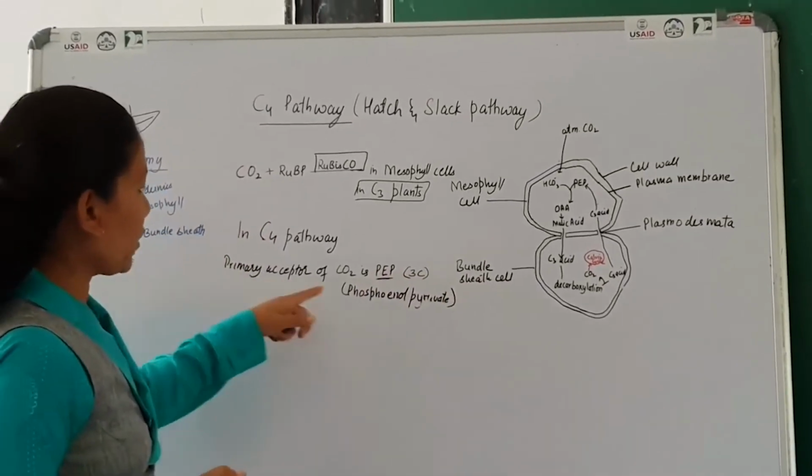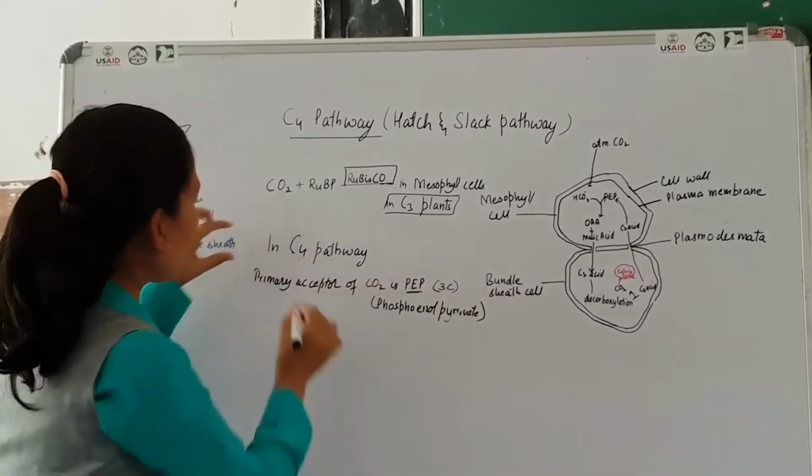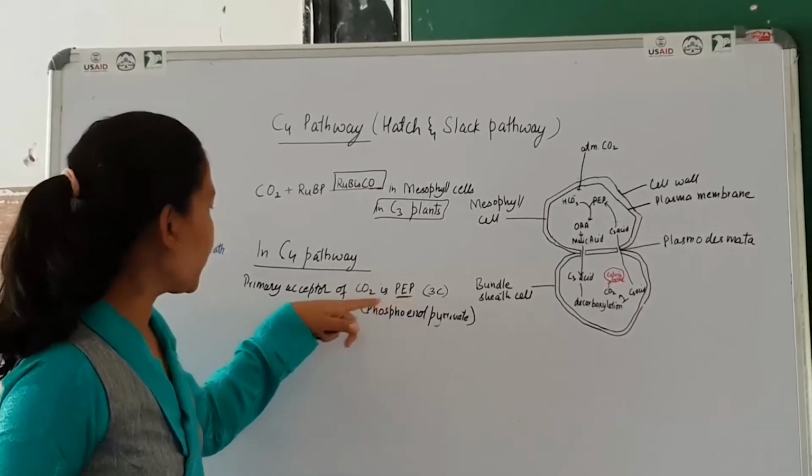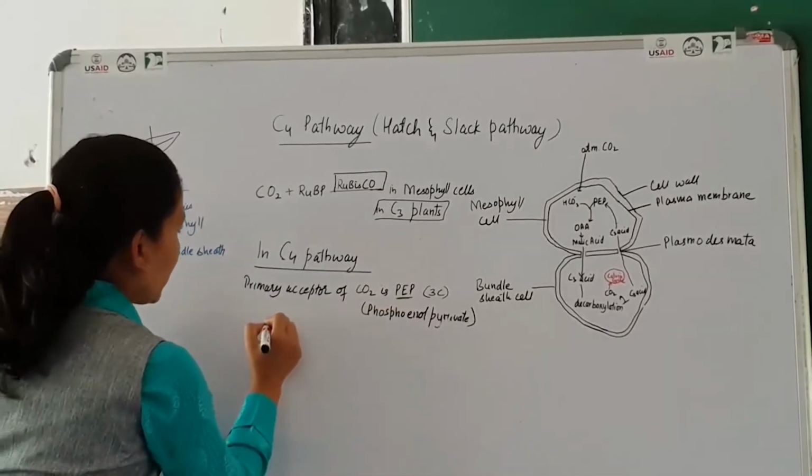So the primary acceptor of carbon dioxide in C4 plants is phosphoenol pyruvate present in mesophyll cells.